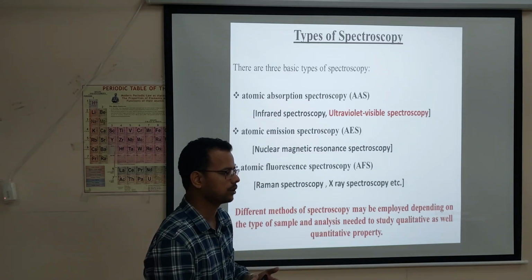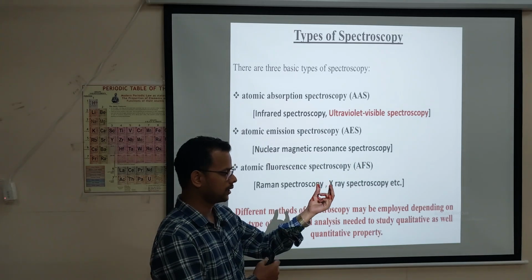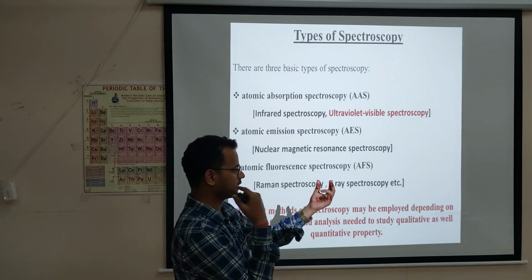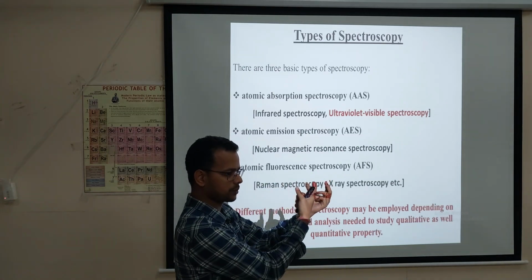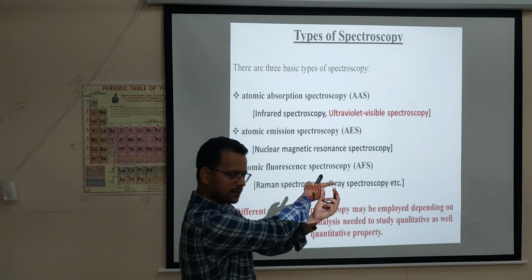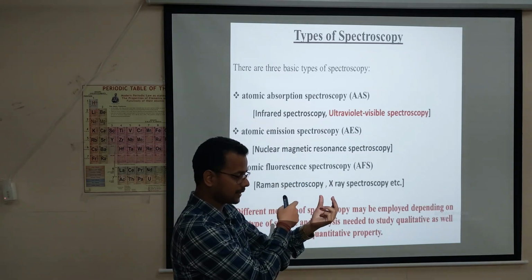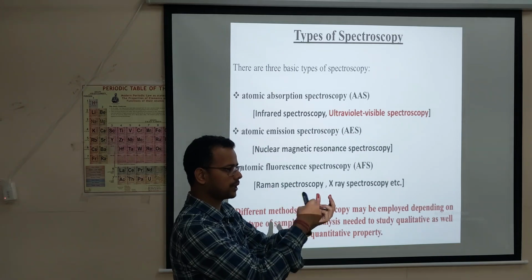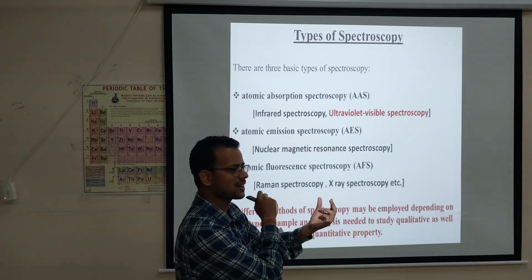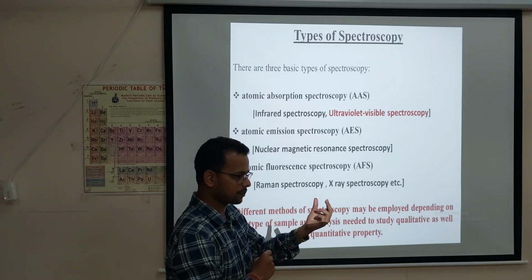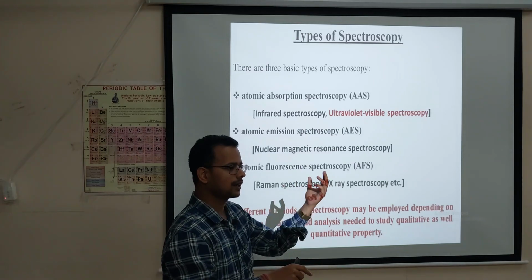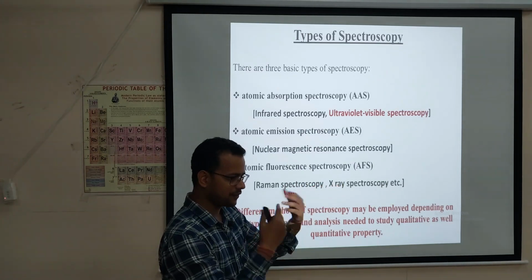Suppose you take an example. Suppose this is the sample holder, right, and you irradiate photons from this side. Suppose the incident ray is 100%, okay, and this sample holder contains some sample. Some ray will be transmitted on the opposite side, and the efficiency of the transmitted ray must not be 100% if it is not a transparent sample. If it is transparent, for example water, still it has somewhat less efficiency.